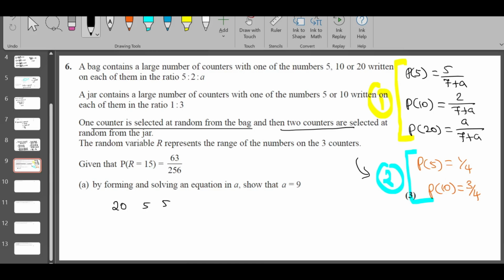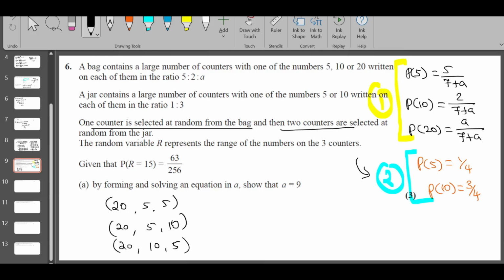You will still get the range 15. Or it can be 5, 10 or 10, 5, right? The first has to be 20 for us to get the range 15, right? You cannot take 20, 10, 10 because the range is not 15, it's 10.